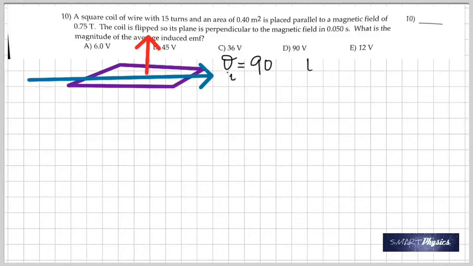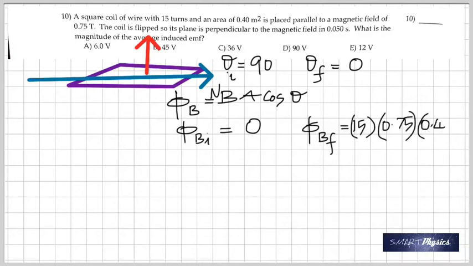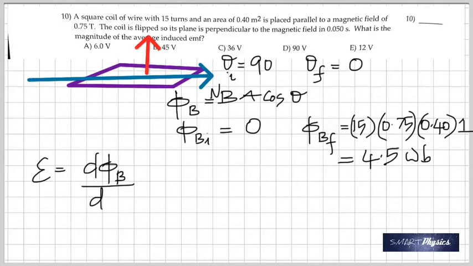Okay, theta initial is 90, theta final is 0, and flux is BA cos theta. Now initial flux is 0 because cos 90 is 0. Okay, final is 15 times, put all those numbers, and you have cos 0 here, so that'll be 1.